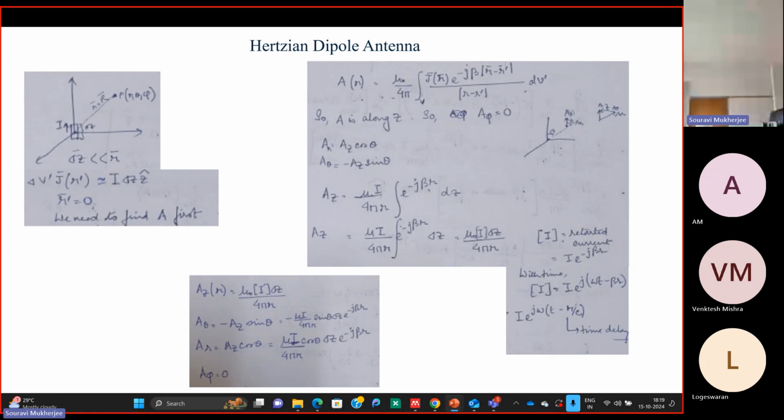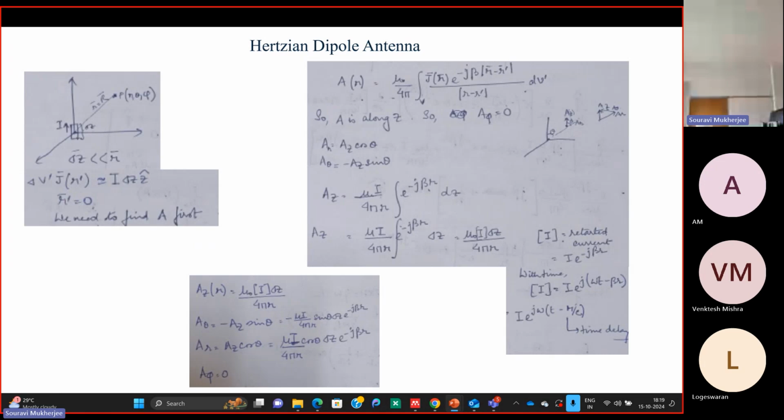So you have a d tau, a volume element, involved in this integral, right? In this case, you can consider a current I flowing through this dimension of delta Z. So you can replace J del V as I del Z.